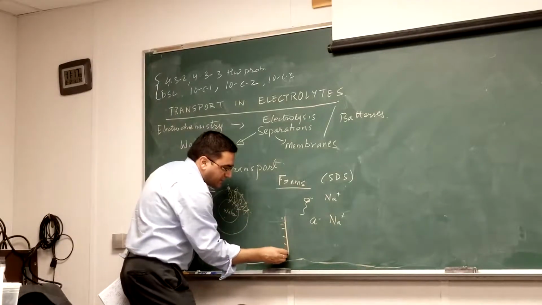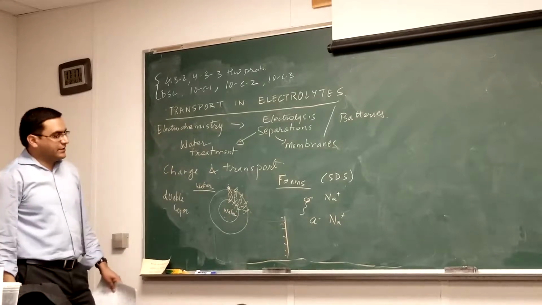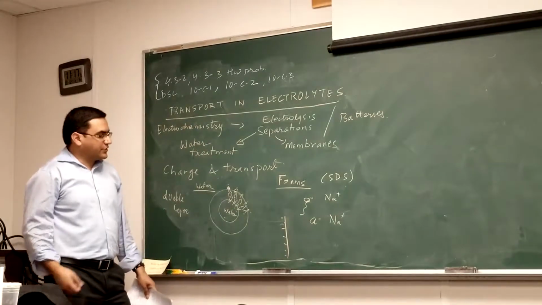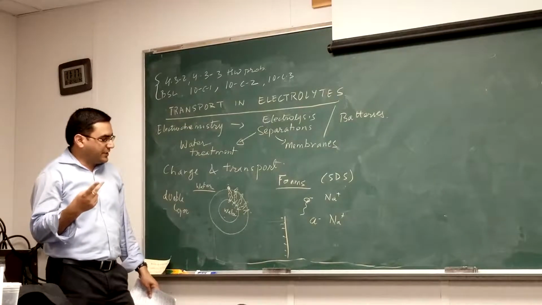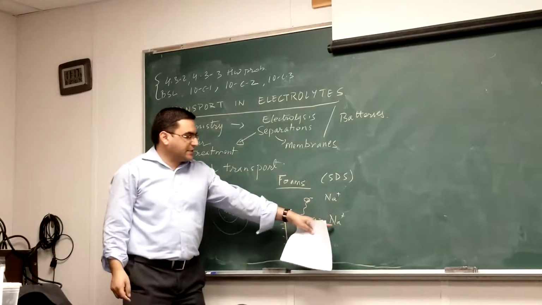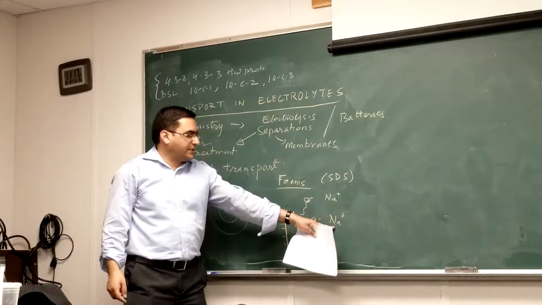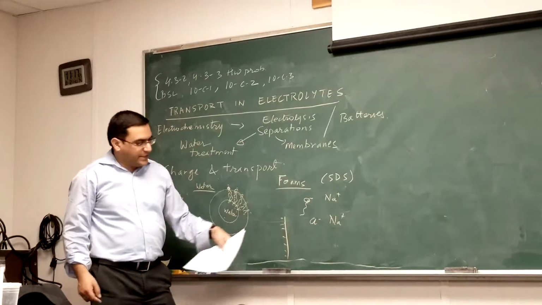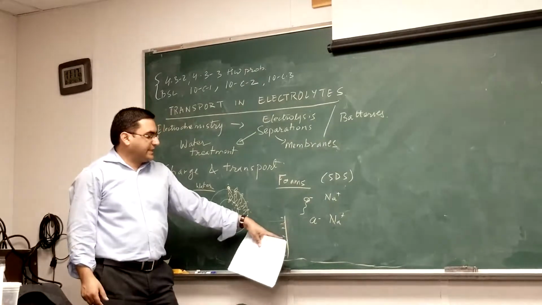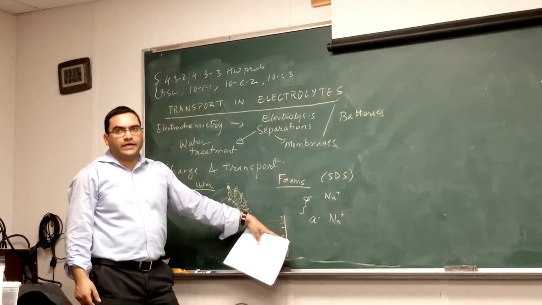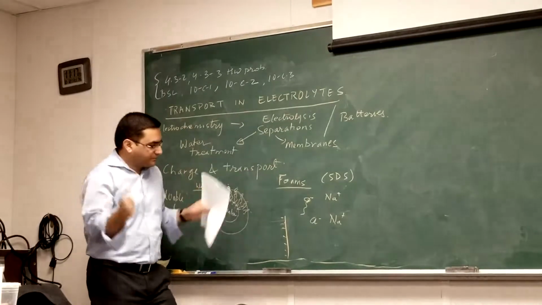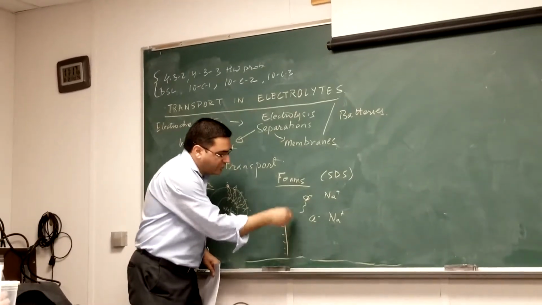So once I have a charged surface and these ions start to come close to it, there's going to be a competition between two things. If I just consider the counter ions, oppositely charged ions, those are electrostatically attracted to this surface, so they would want everything to be squashed against this wall.